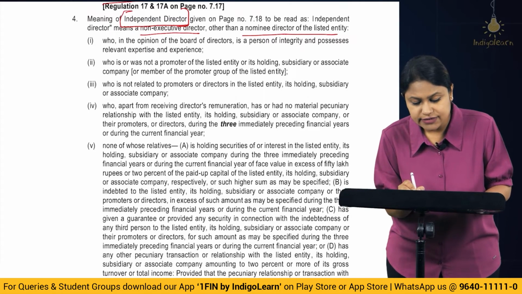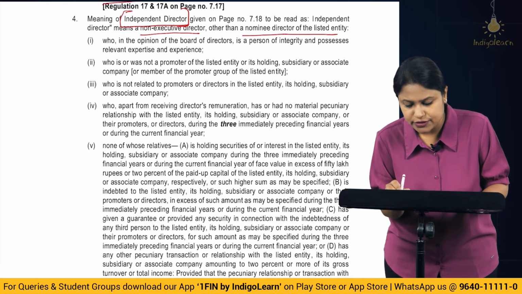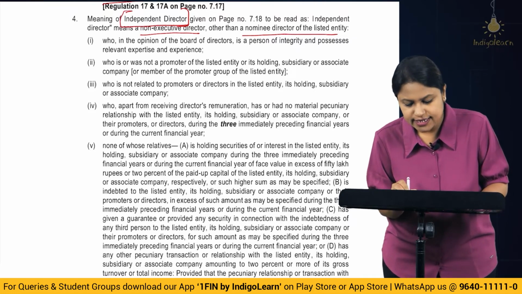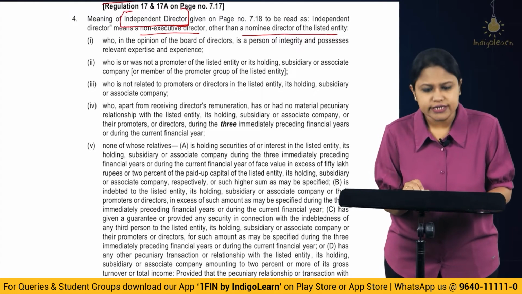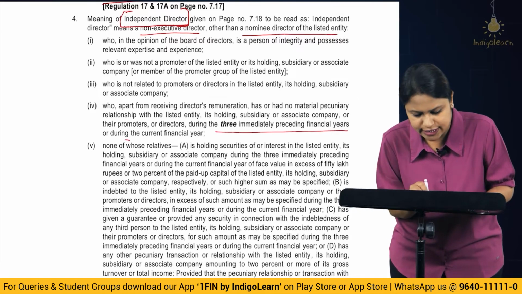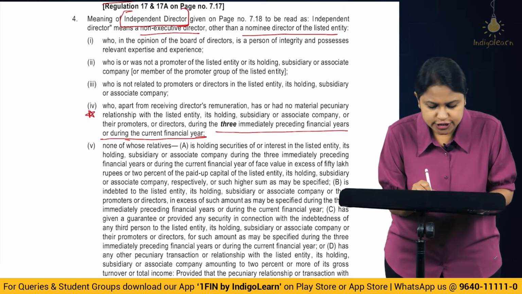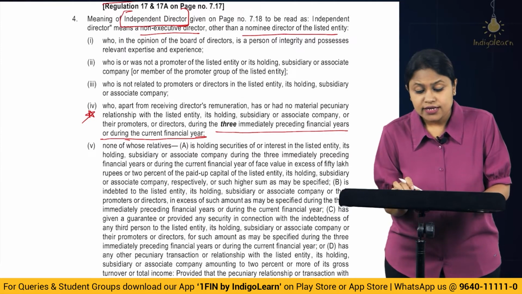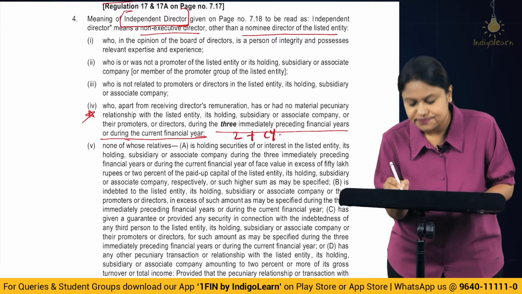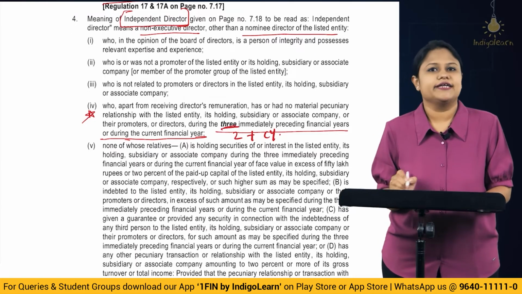Who, apart from receiving director's remuneration, has or had no material pecuniary relationship with the listed entity, its holding, subsidiary or associate company, or their promoter or directors during the 3 immediately preceding financial years or during the current financial year. So when you look into this qualification or disqualification, as you may consider, earlier the timeline was 2 plus the current year. Now it has been amended and made 3 plus the current year.